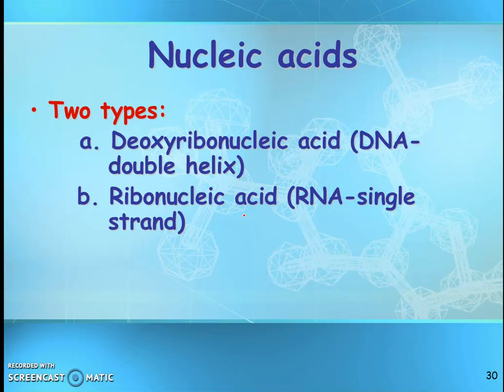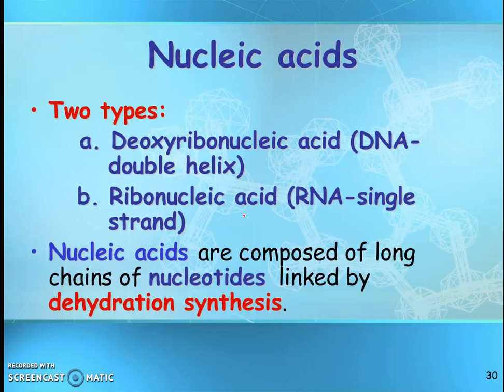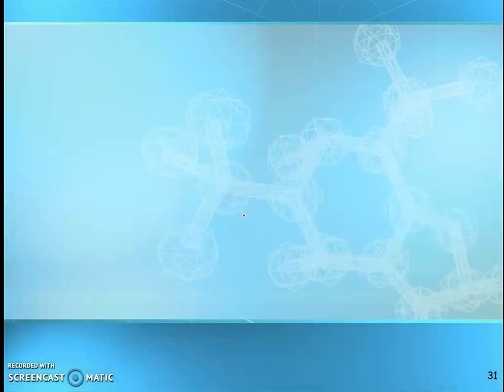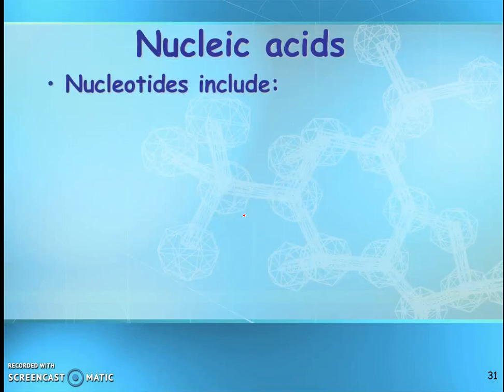The other is ribonucleic acid, which is RNA, and it's a single strand. Nucleic acids are composed of long chains of nucleotides, made up of 3 components: a 5-carbon sugar, a phosphate group, and a nitrogenous base. We are going to discuss that in more detail. These are all linked by dehydration synthesis.